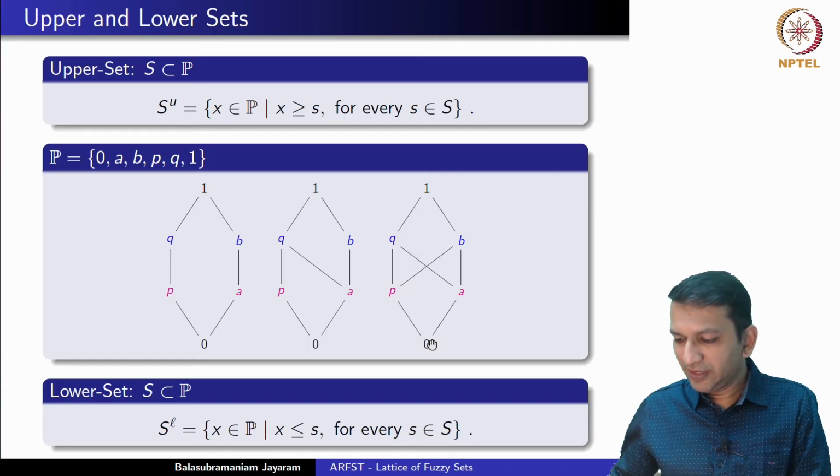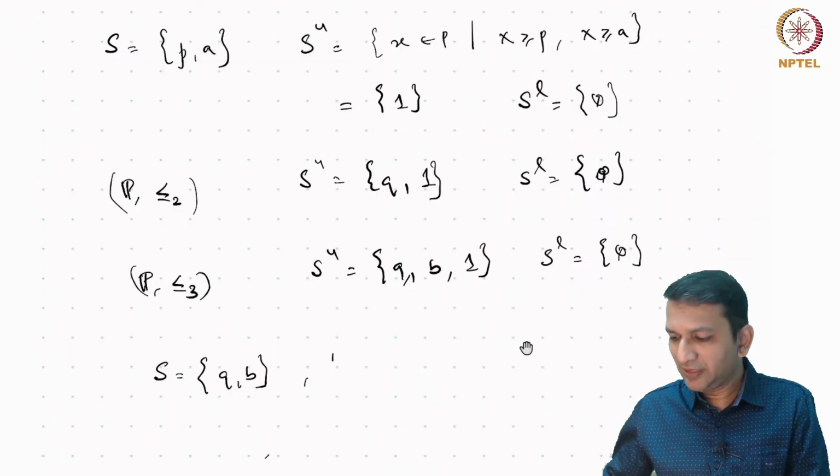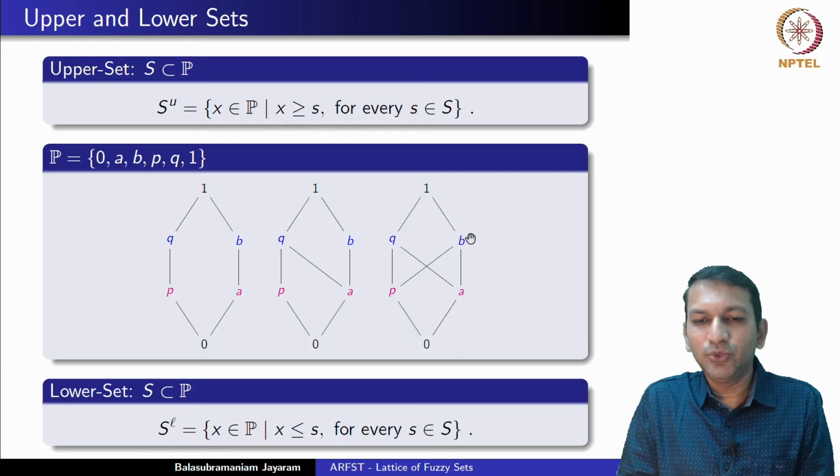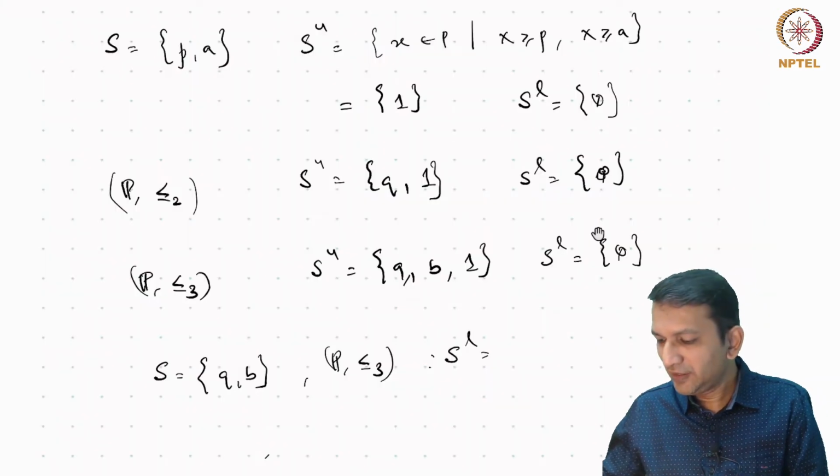However, if we consider S to be the set {Q, B}, and let's consider the third poset, that is Q and B, and we want to consider the lower set of S, we see that for Q and B, P is smaller than both of them, A is smaller than both of them, and 0 is smaller than both P and A, which means by transitivity 0 is also smaller than both Q and B. So that means S^L in this case would look like {P, A, 0}.